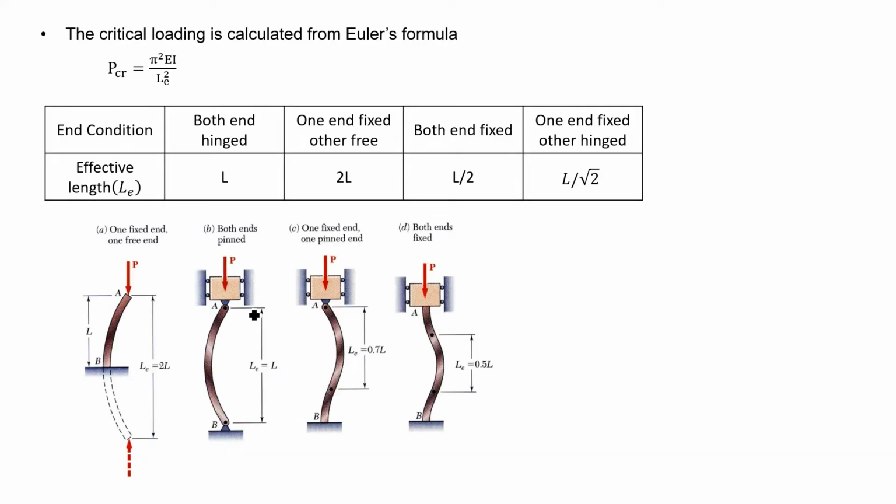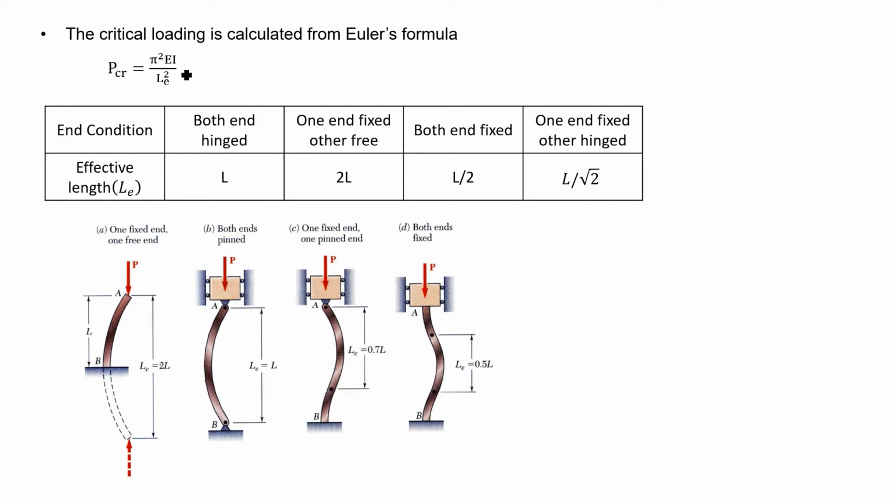So, one of the factors which governs the critical loading is the end condition of the column. So, based on the end condition, an effective length is defined. There are four end conditions given in this table, and the effective length corresponding to each condition is also given in this table.